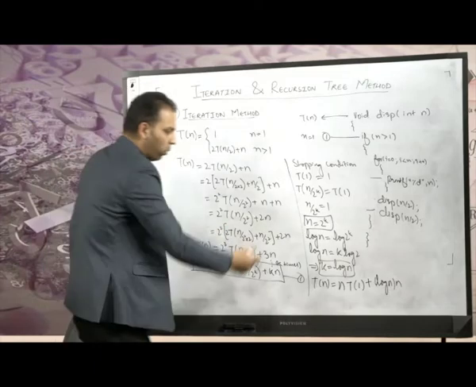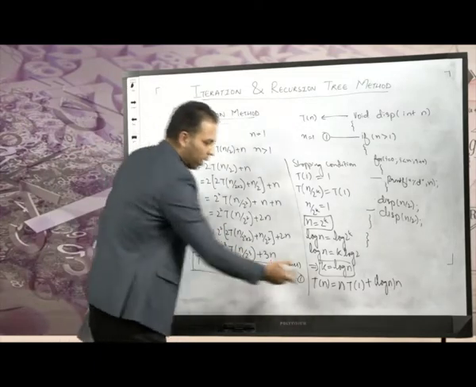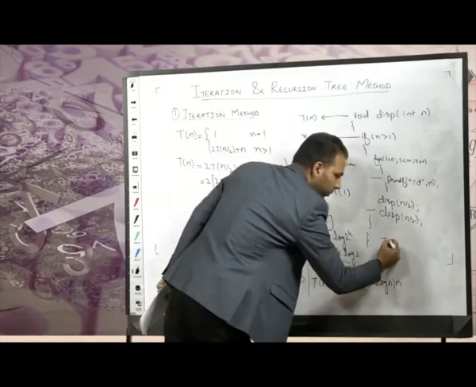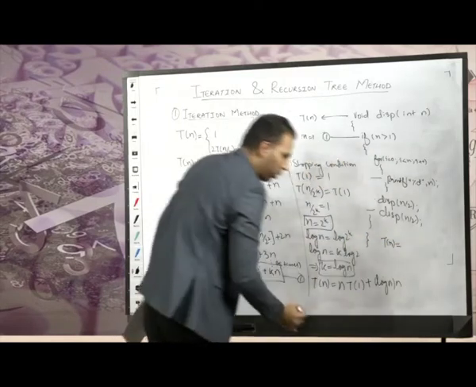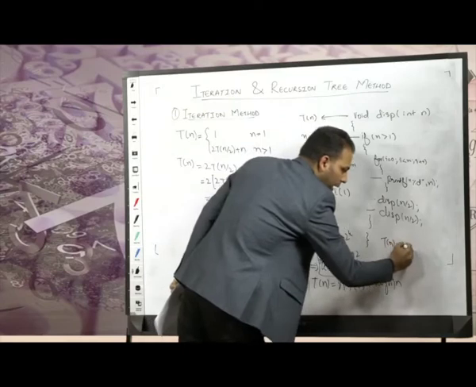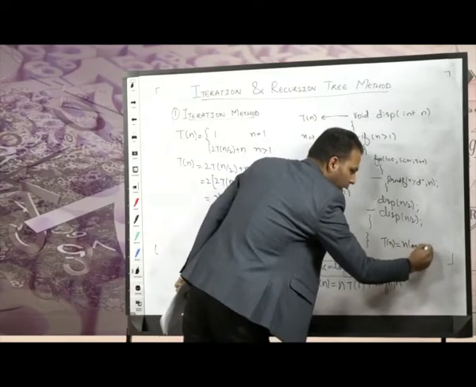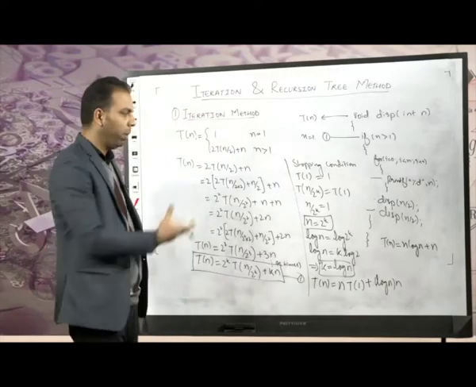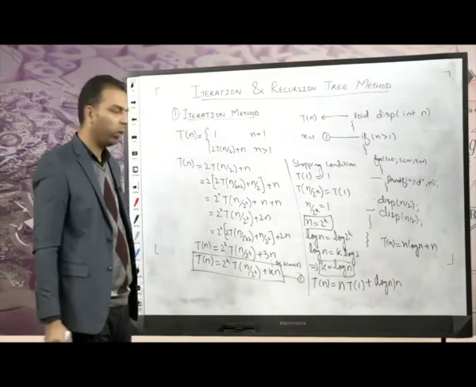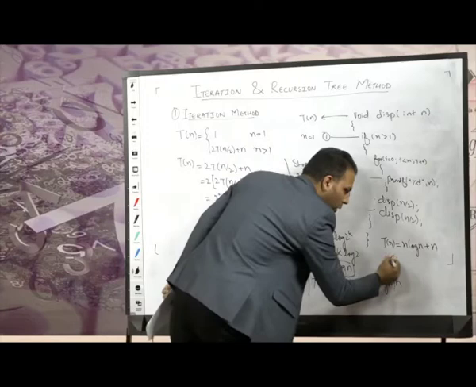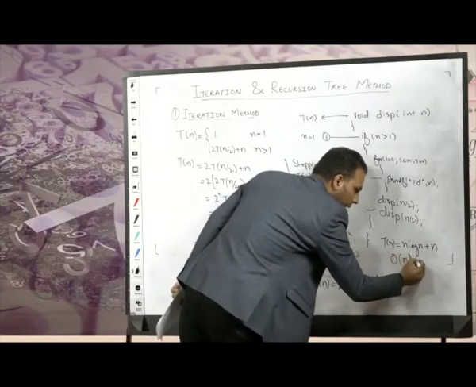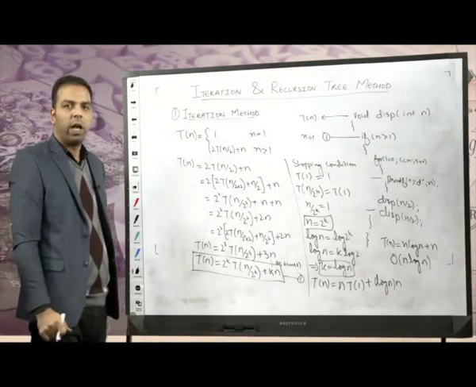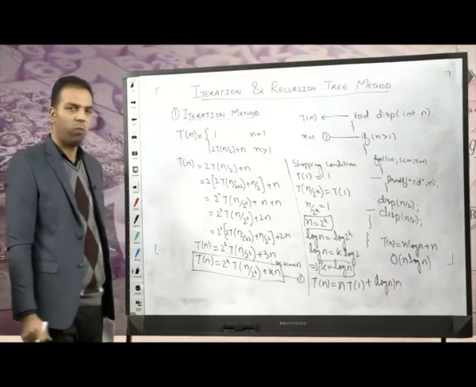So if we move one step further, T1 is 1, so your Tn will be equal to n log n plus n. So what order will we have here? It is order of n log n. The upper limit is n log n.